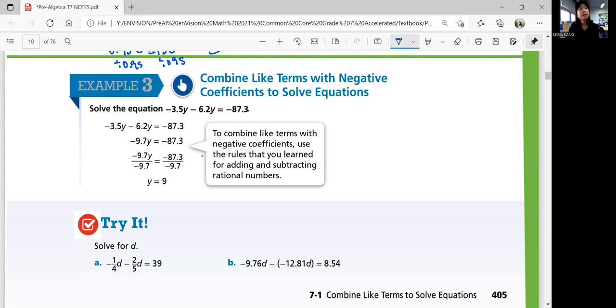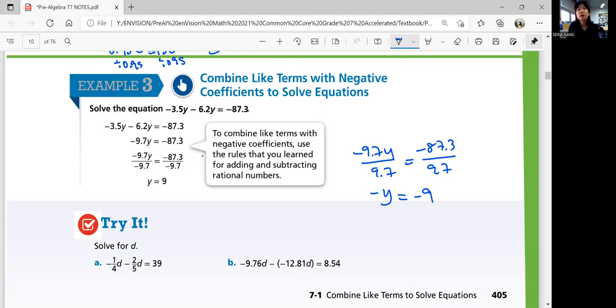If you have a negative, then you just divide the negative as well. Because if you don't, what happens? If you just divide it by 9.7, that means you still have negative y, which is equal to negative 9. That is not the correct answer.